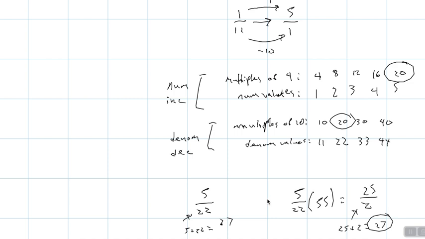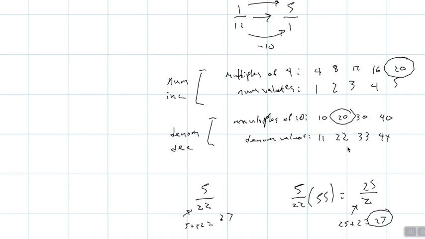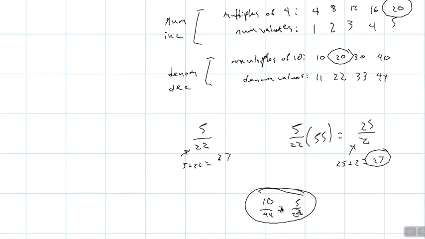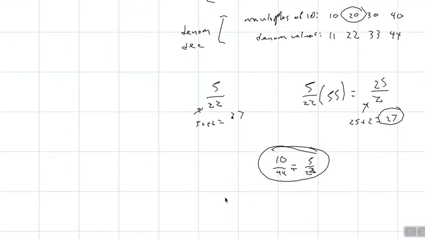If we continue this table, the next fraction is going to be 10 over 44, but 10 over 44 is just equal to 5 over 22. So the only fraction where the denominator is a multiple of 11 that works for R is R equal to 5 over 22.